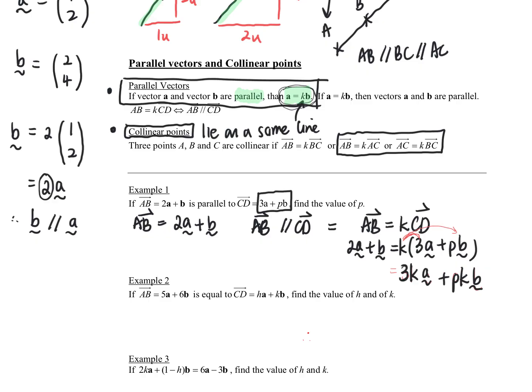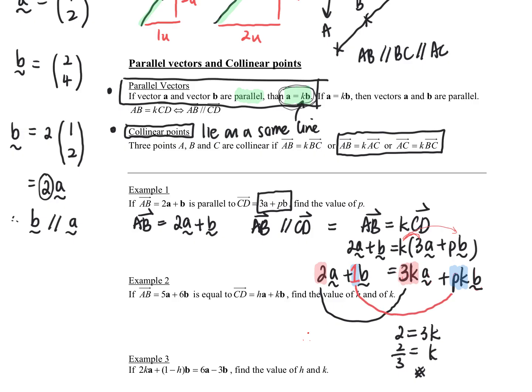Okay. So what happens now is I want to do an apple and apple comparison. So 2 must be equal to 3K, and the 1 here must be equal to PK. Since they are equal, 2 is 3K, so K is 2/3. The second comparison I make is this.